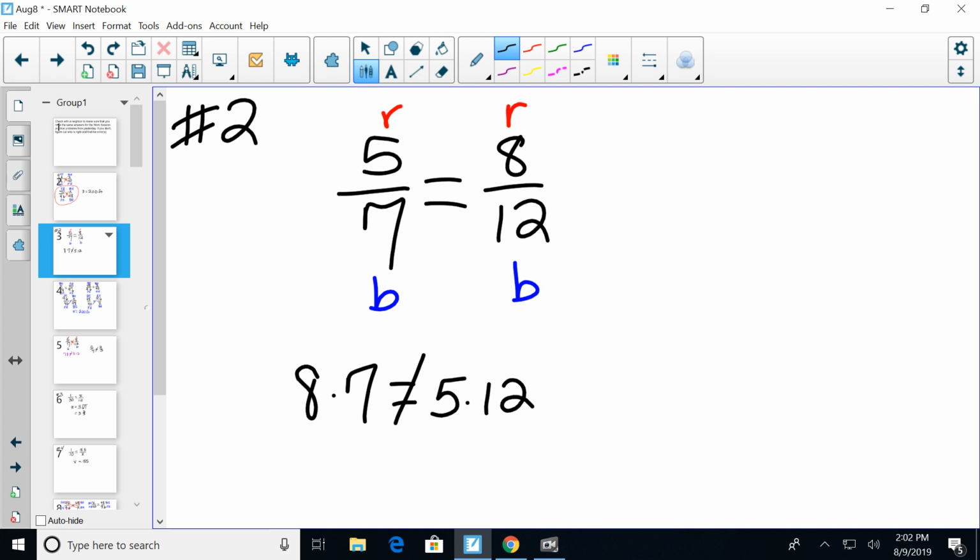You have to look at it in terms of multiplication and division. Okay? So somebody said we can divide them. So 5 divided by 7, the actual answer you get, the approximation, does not equal 8 divided by 12. They don't equal the same thing. What else could you have done? There's one more thing that you could have done.